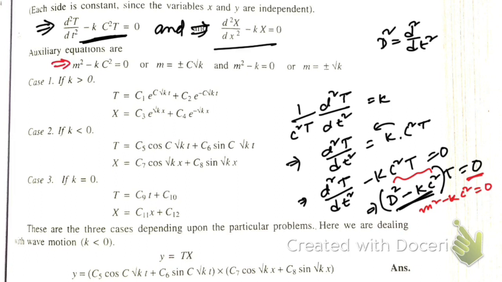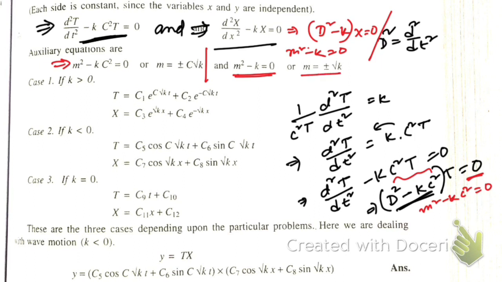Similarly, we can do the same here: D square minus k into capital X is equal to 0, and from this we get the auxiliary equation m square minus k is equal to 0, which implies m square is equal to k and m is equal to plus minus root k.